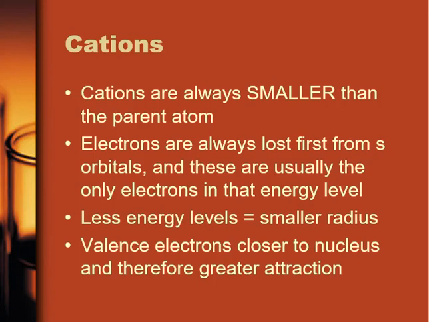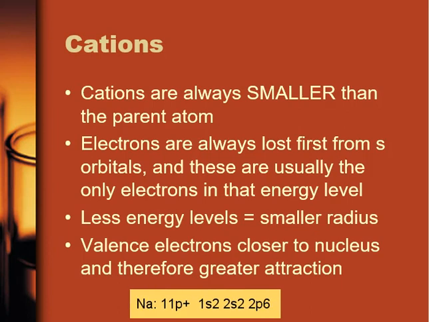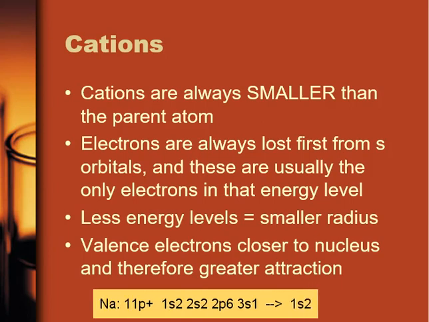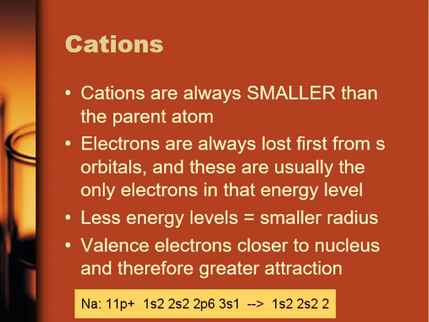If we consider sodium as an example, sodium has 11 protons. The atom has an electron configuration of 1s2, 2s2, 2p6, 3s1. But when it loses an electron, it then gets an electron configuration of just 1s2, 2s2, 2p6.